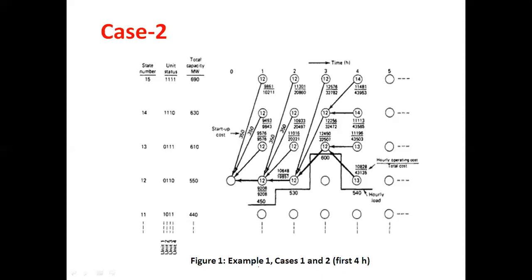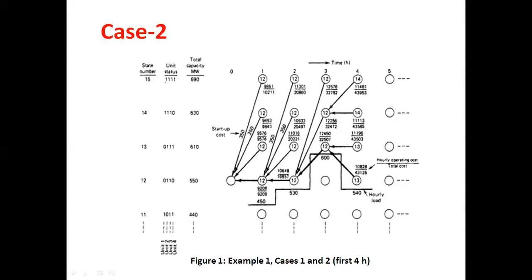So the example 1, that is case 1 and case 2, for the first 4-hour load pattern we have seen. This is our load pattern for the first 4 hours. For hour 1 it is 450, for hour 2 it is 530, for hour 3 it is 600, for hour 4 it is 540. And this is our state number 15, 14, 13, 12, 11 and so on, and corresponding unit status.